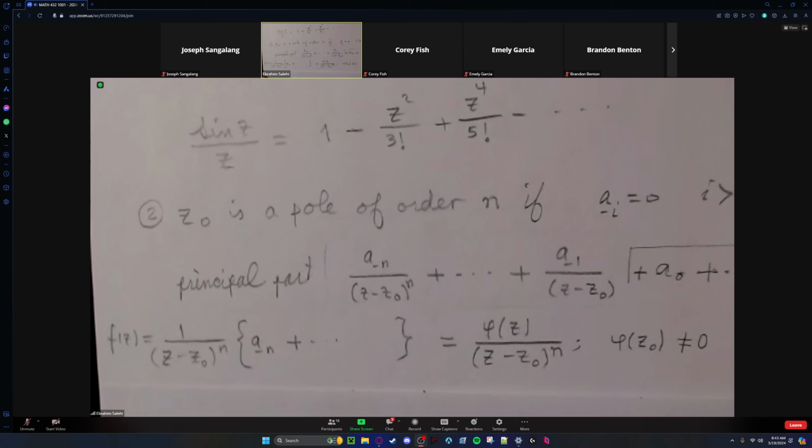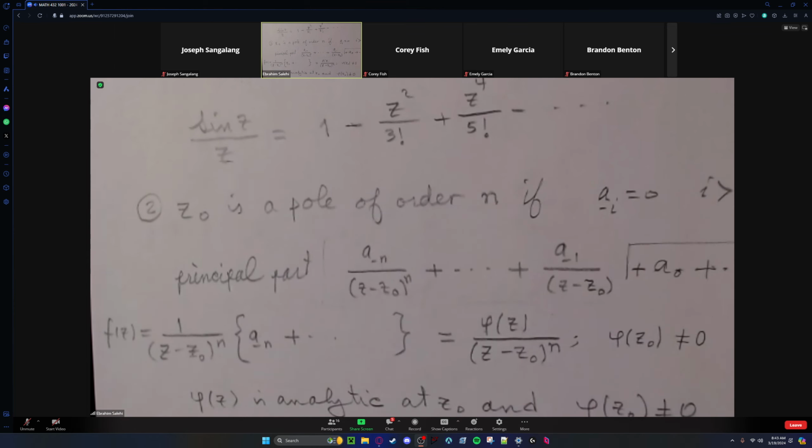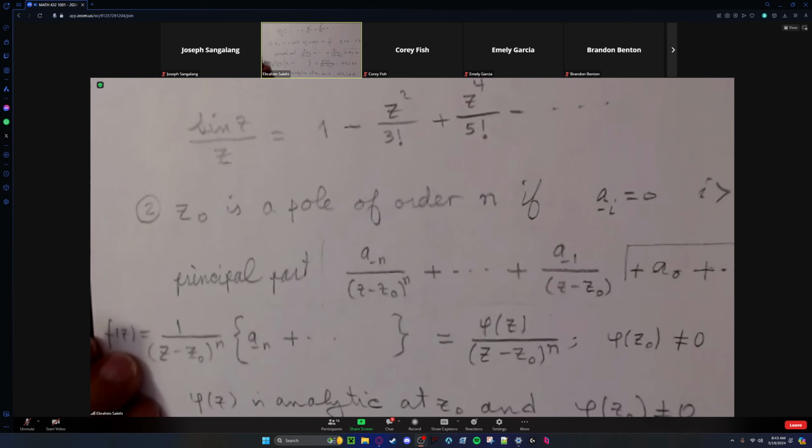So the function has a pole of order n if and only if the function can be written in this fashion, where numerator is analytic and is not zero at that point. Okay, that is a pole of order n. All right.